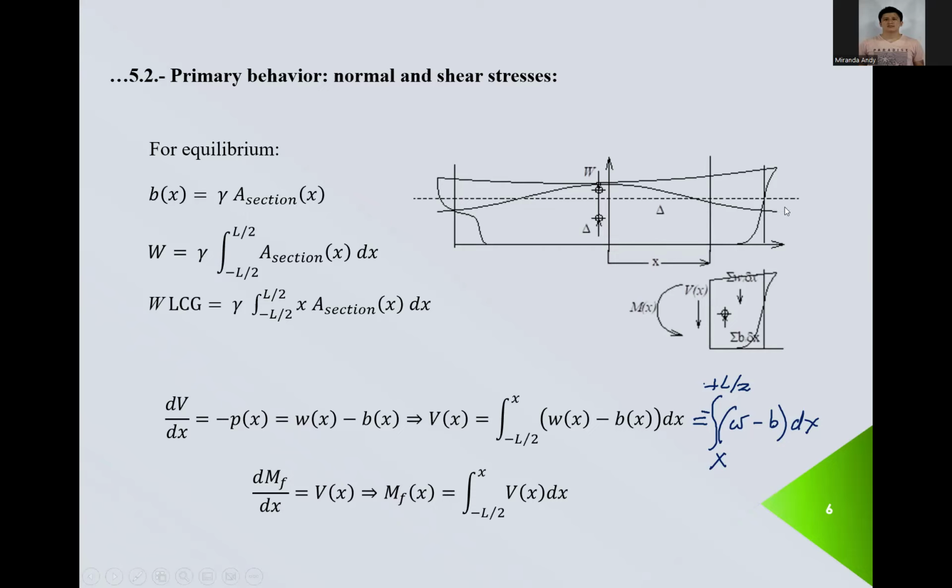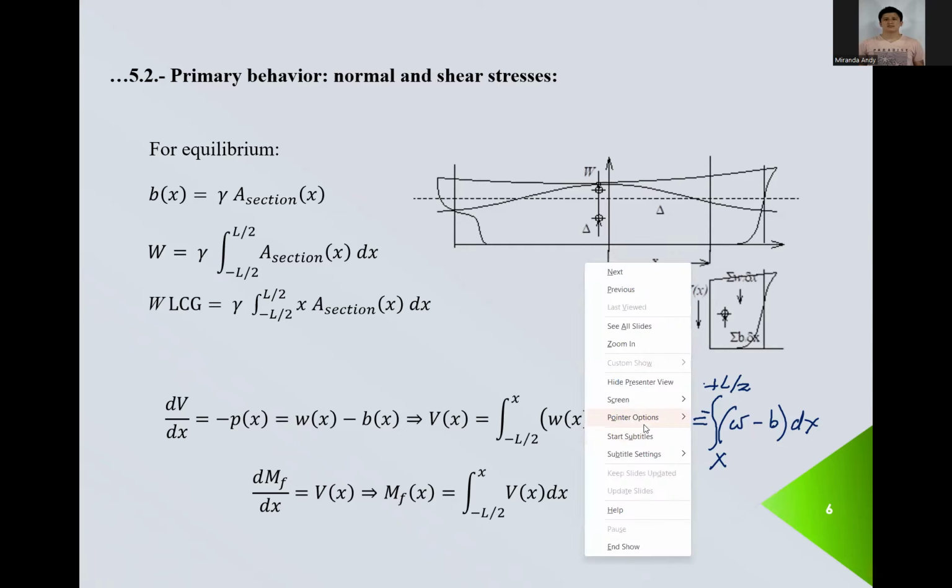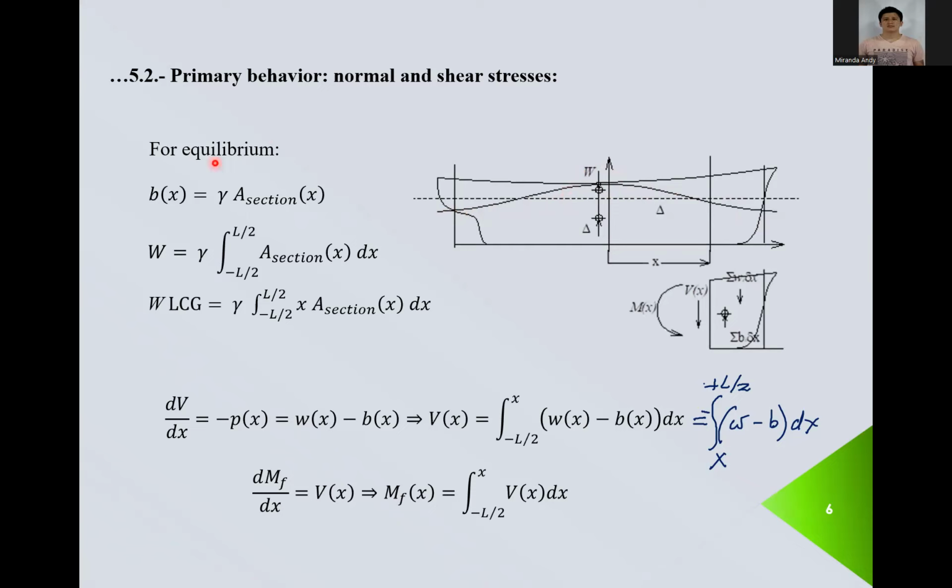So we impose an equivalent wave on the ship, and we assume that in this situation we are in a quasi-static equilibrium. That means that this force and that force have to be equal, and they have to be aligned.